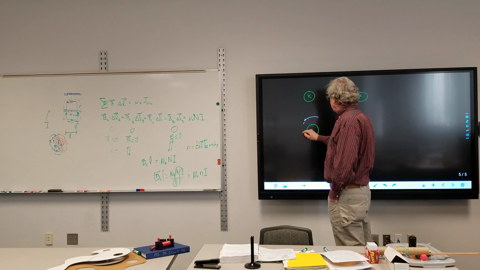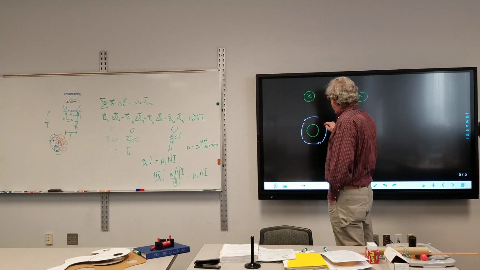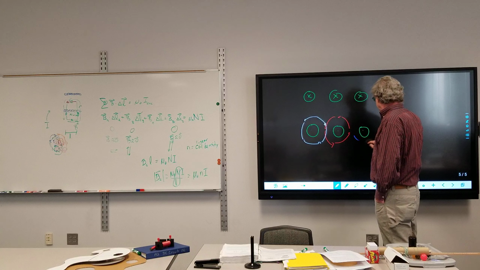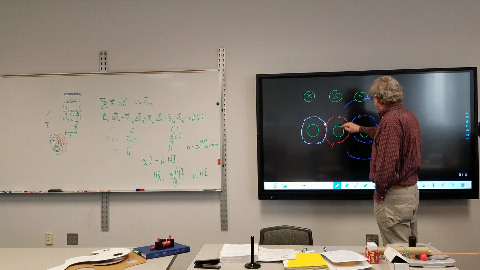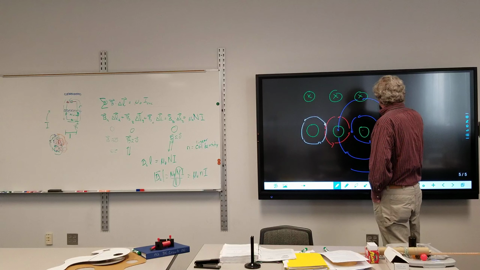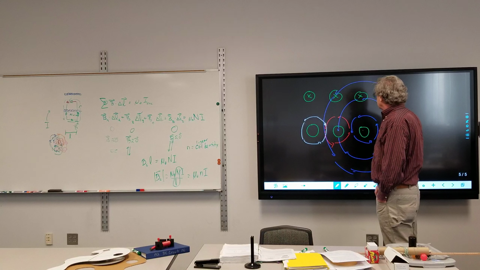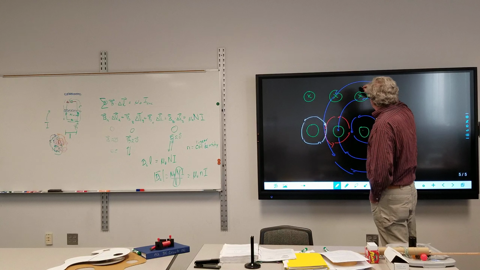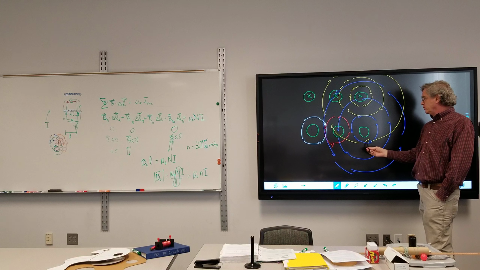This is magnetic field going this way. But here we have blue arrows and yellow arrows going in opposite directions.